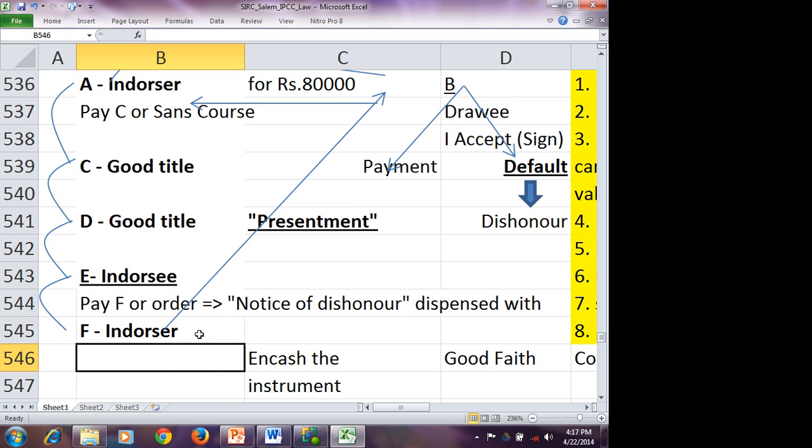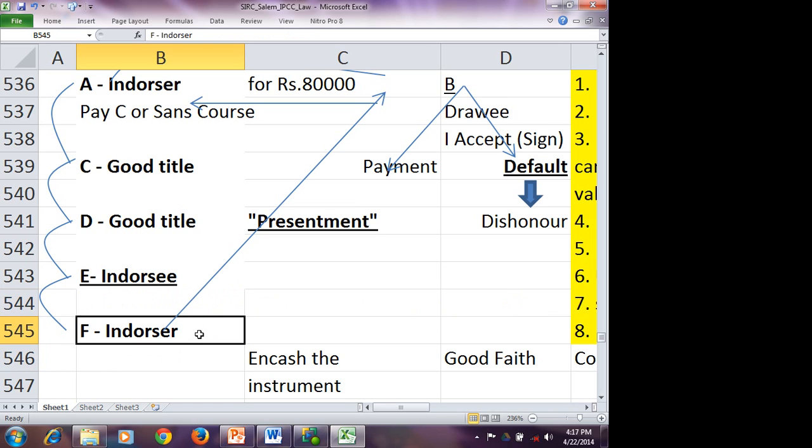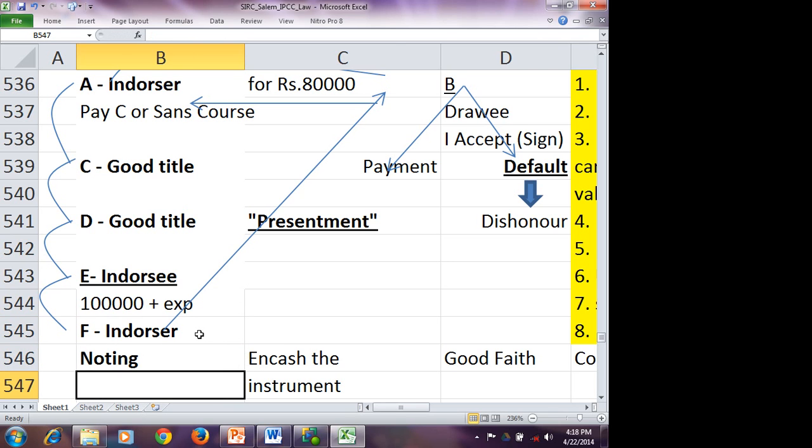Now let's say that the bill value is 1 lakh. F, when he serves a notice of dishonor, can claim what amount from E? 1 lakh plus expenses. Because F has to obtain noting, the charges he will incur, which is a certificate given by the notary public certifying the fact that there is a dishonor.